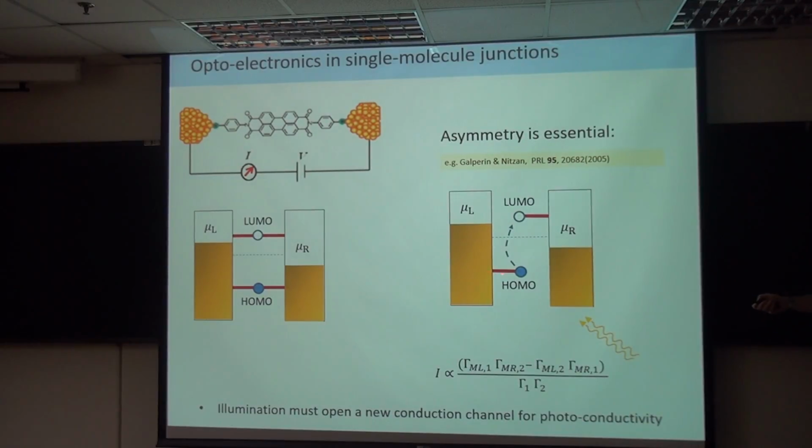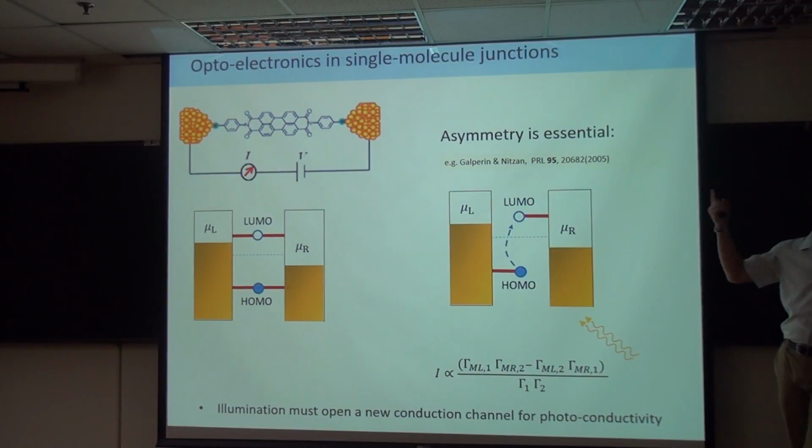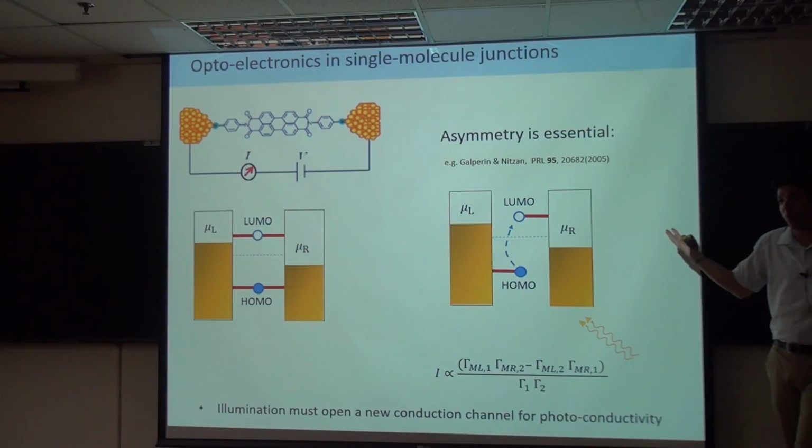But now, if you shine light, then there's a channel for an electron to go from the HOMO to the LUMO. So now an electron can hop into the HOMO, go to the LUMO, and go to the other side, or vice versa. So the photoconductivity of this perfect thing will be infinite. The ratio between the conductances under illumination and in the dark will be infinite.